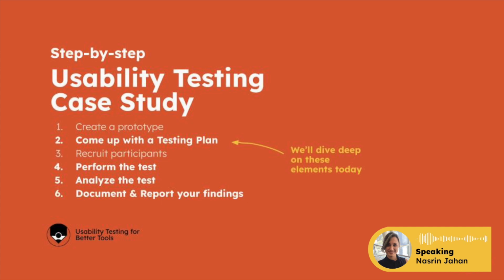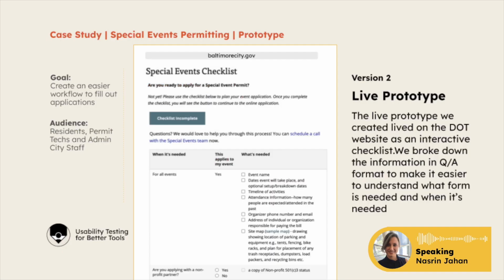Then of course you have to have a testing plan. This is very important, because regardless of how small a test you perform, planning will help you and save you so much time. And who will be your participant? You want to test with the right participant. Then comes performing the test, analyzing the test results, and documenting and reporting your findings. So let's get to the prototyping.